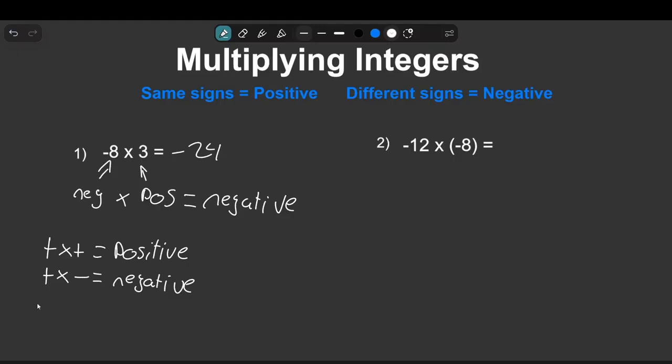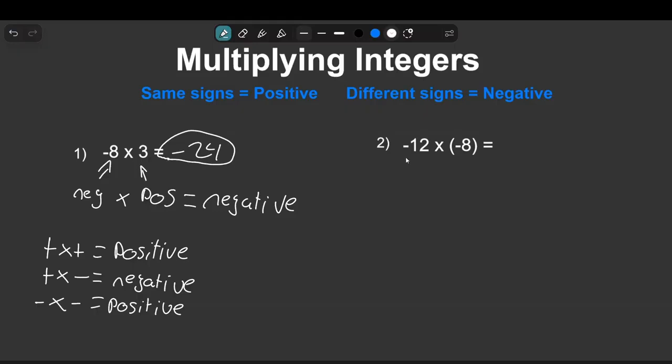And of course, a negative times a negative number, we will get a positive answer. As you can see here, different signs multiplied by each other will get us a negative answer, and the same signs will give us a positive answer. So, right here, we had different signs, so we had a negative final answer.